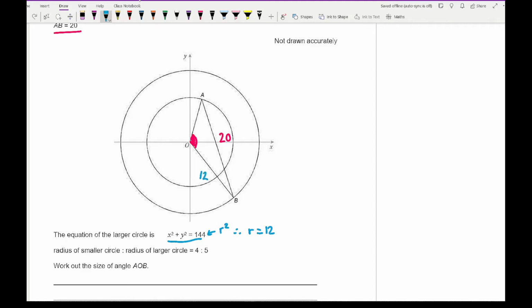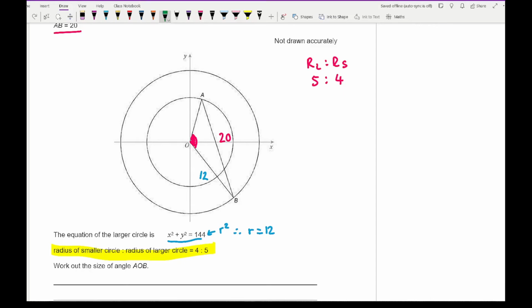Now using this bit of information, the ratio of the radius of the larger circle to the radius of the smaller circle is 5 to 4. Just note how I've written it in the opposite order to what's given in the question, because it's a lot easier for me to work with.